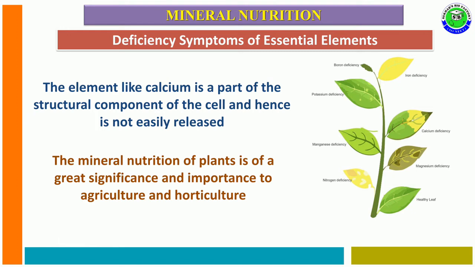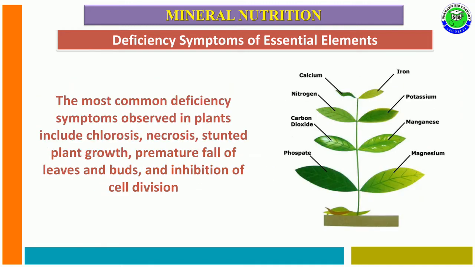The mineral nutrition of plants has great significance in agriculture and horticulture. Knowledge of the deficiency symptoms of various elements is useful to provide fertilizers in agriculture and horticulture for whichever elements show deficiency symptoms.